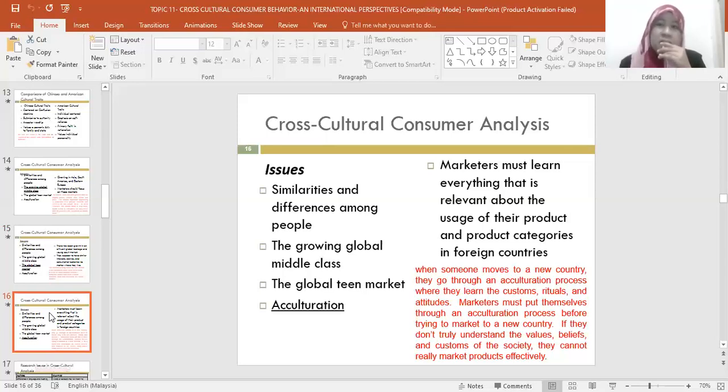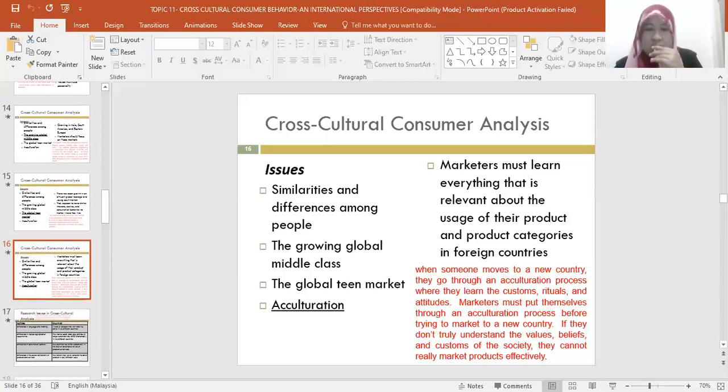As an expatriate sent by the company, this is the thing you have to alert yourself to, because we are talking about what you should do. So we go to the next one.